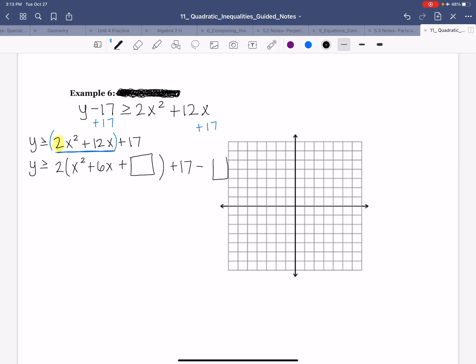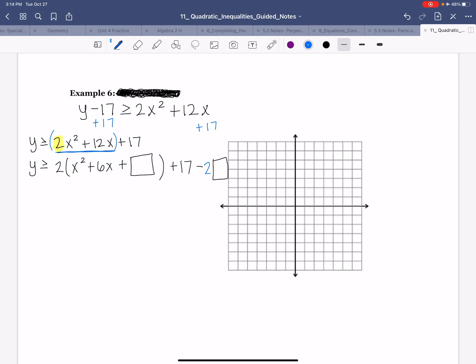The thing we need to be careful about is that our box is technically being multiplied by 2. So we really have 2 times the box, so we have to keep it balanced. We need to put a 2 here, 2 times the box, just because that 2 is going to be multiplied to that original box.